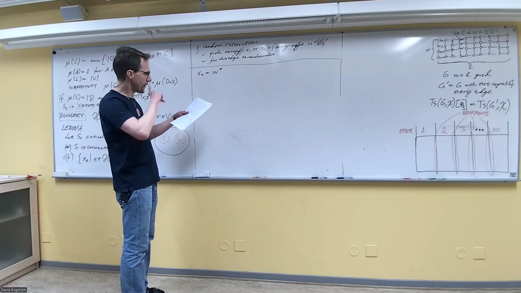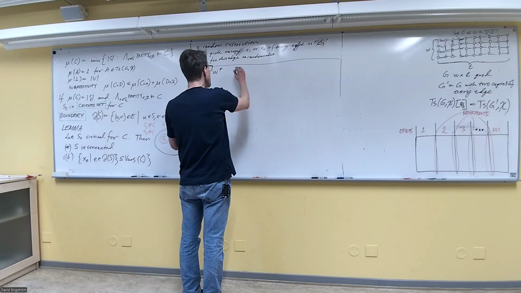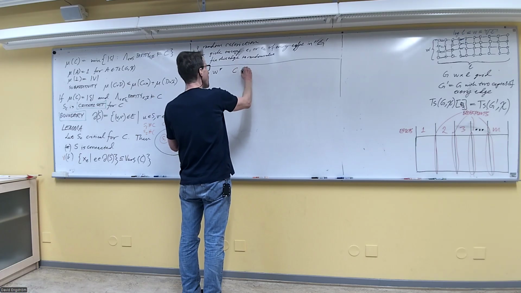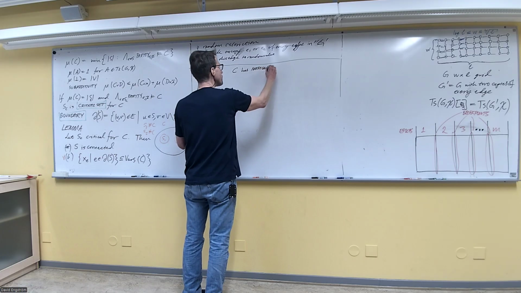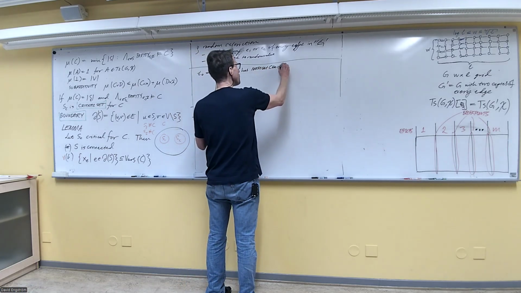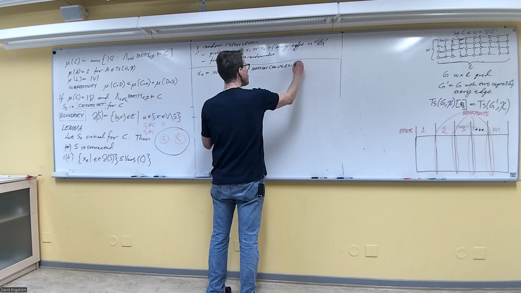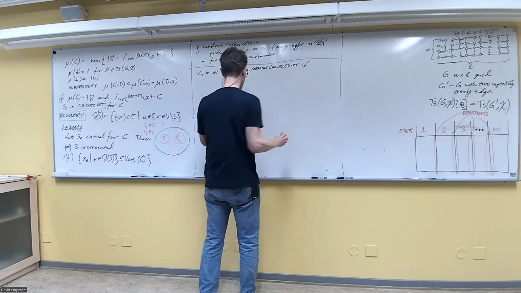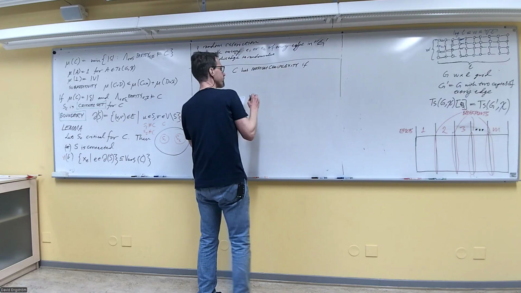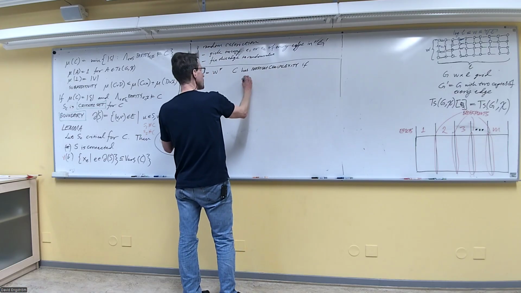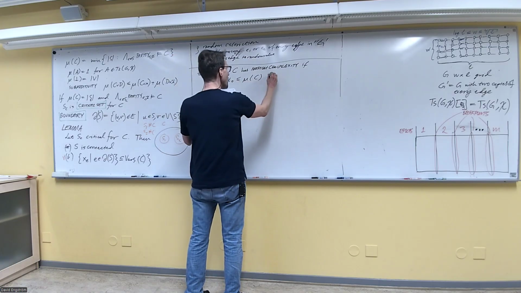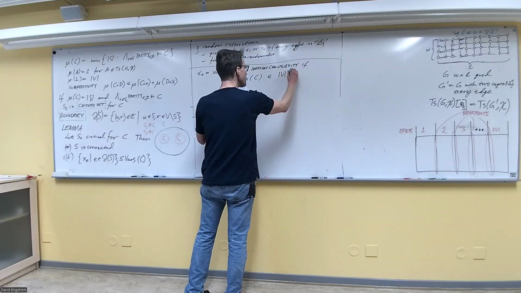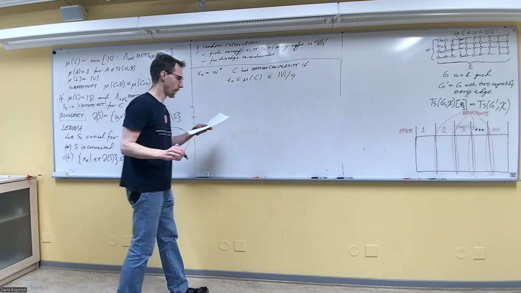And now I'm going to say that C has medium complexity if the complexity of C is somewhere between T0 and, say, the number of vertices in the graph divided by 4.